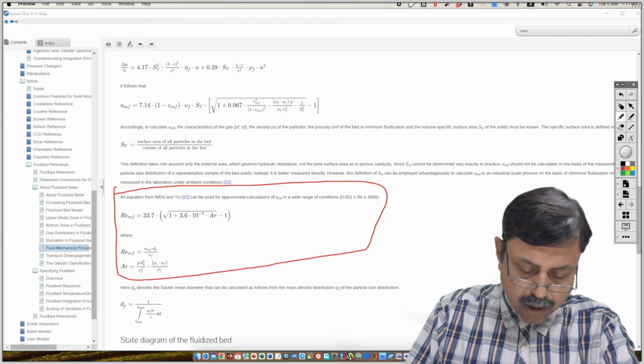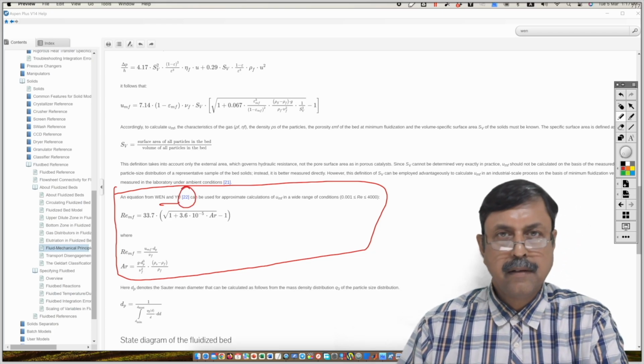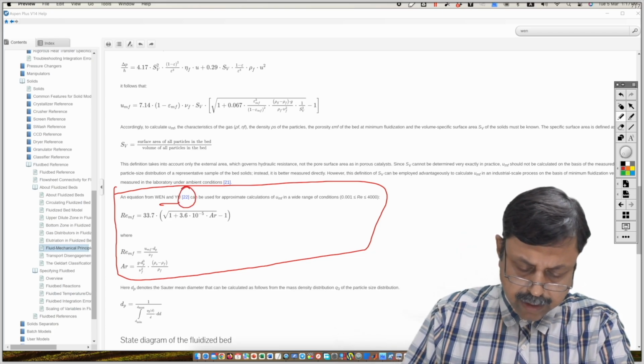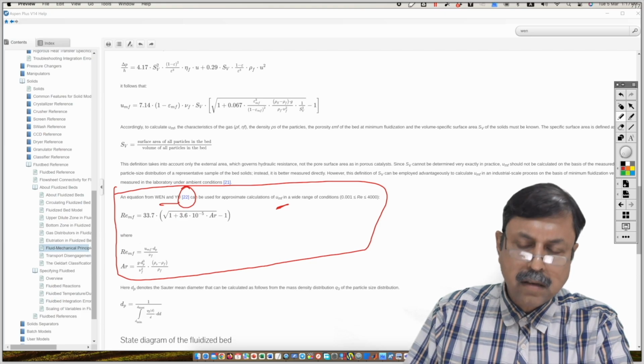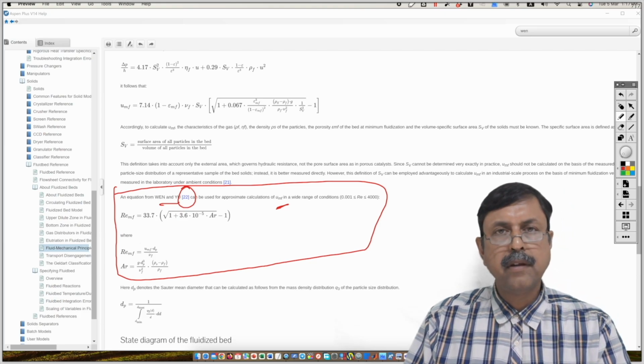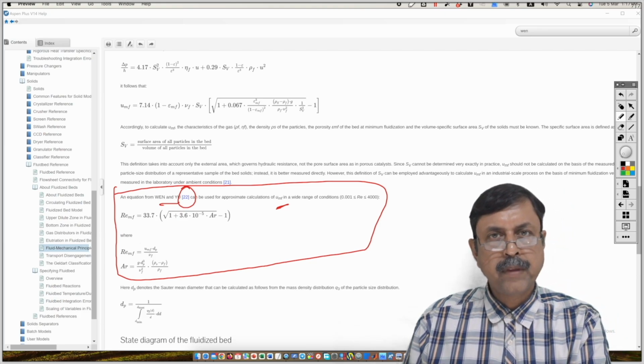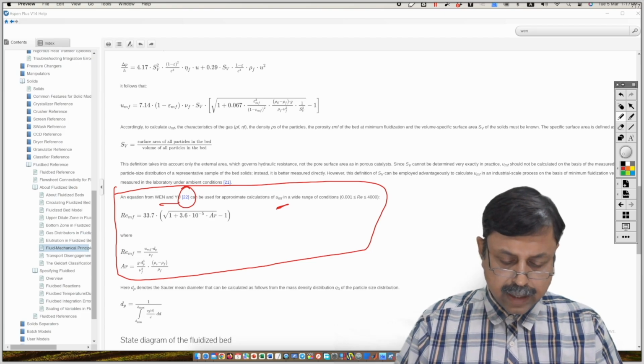The equation from Wen and Yu, this is there in a journal paper which you can refer to if you want, can be used for approximate calculation of minimum fluidization velocity in a wide range of conditions for Reynolds number 0.001 to 4000, meaning very laminar to very turbulent, a wide range.